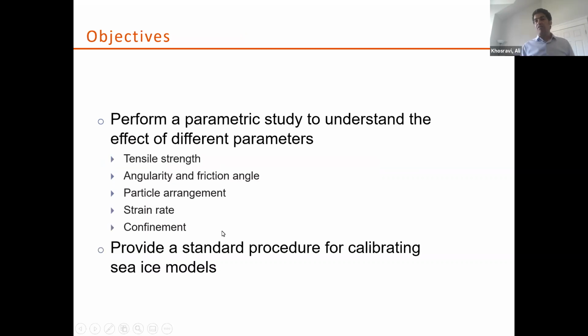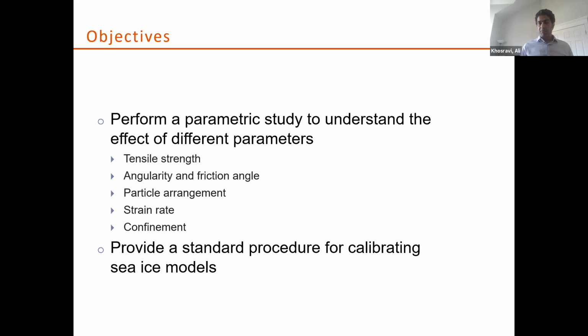So all of this, if not considered in simulations, the results we get are going to be just for a special case. And if you try to use it for other conditions, then the model probably fails to capture the response of the CIS. So based on this, we decided to develop the objectives of this research.